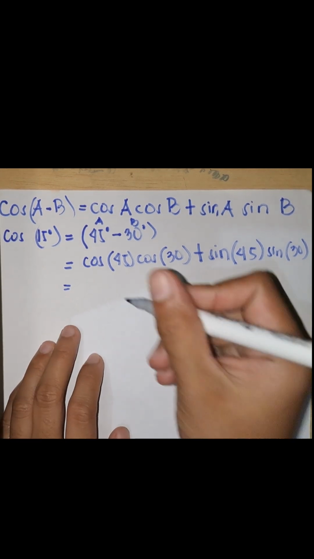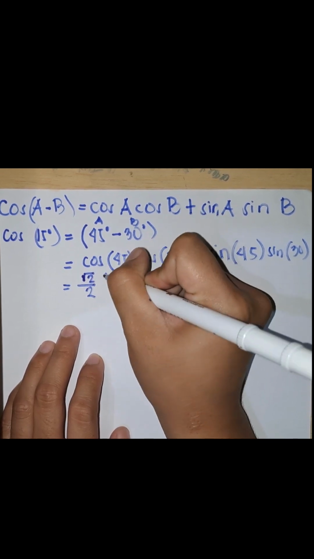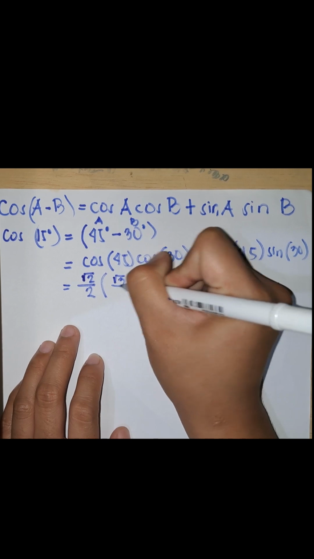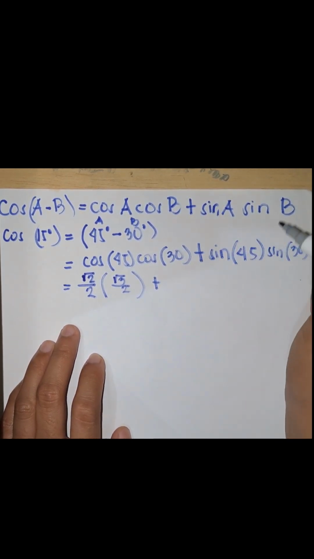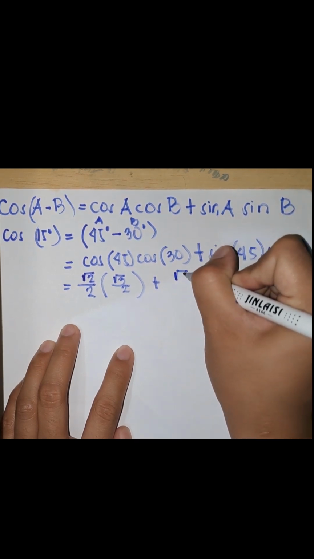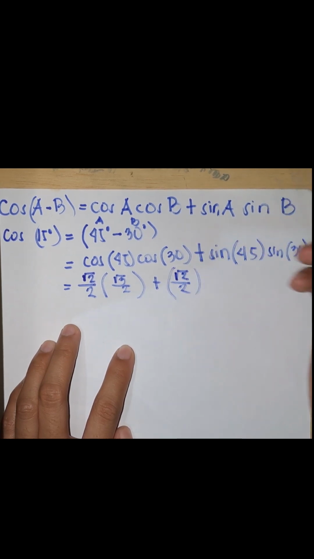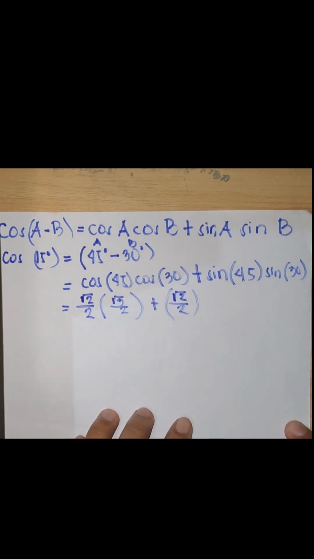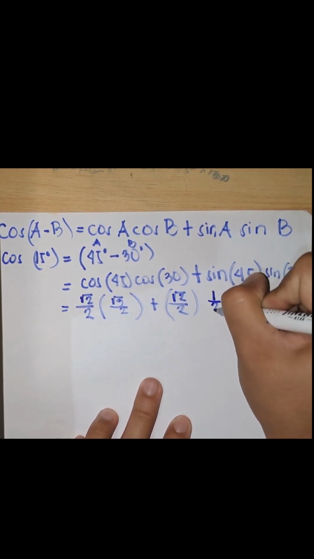So cosine 45 is root 2 over 2 times cosine 30 is root 3 over 2, plus sine 45 is root 2 over 2 times sine 30 is 1/2.